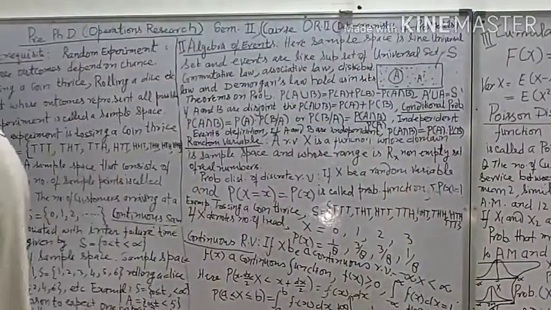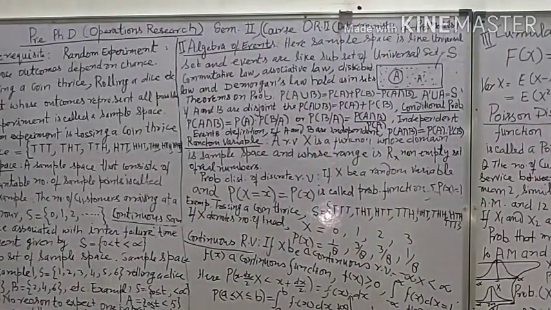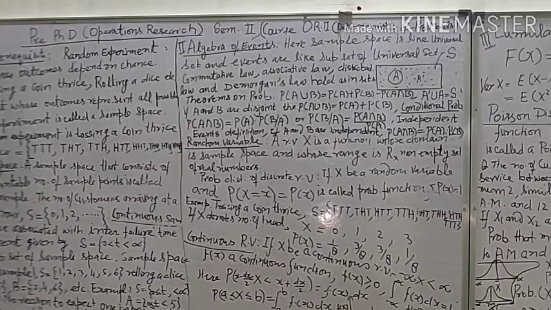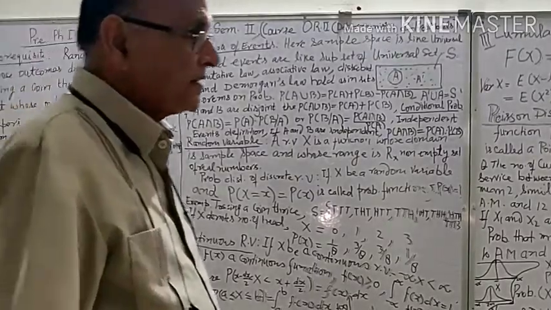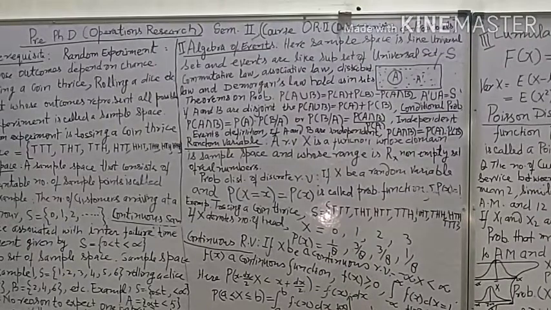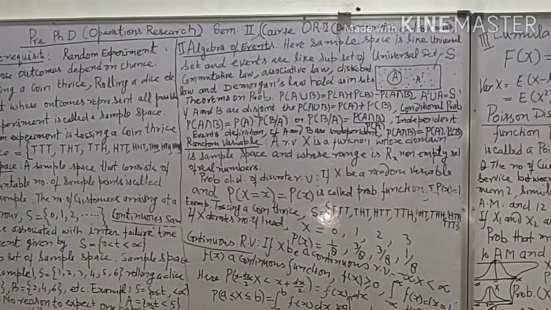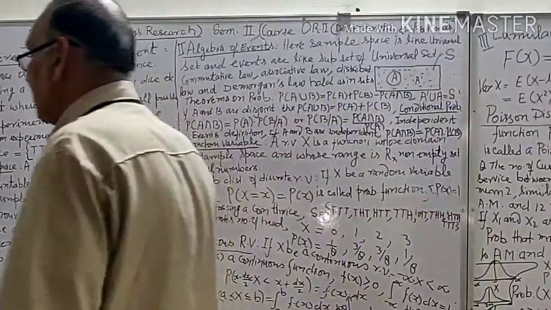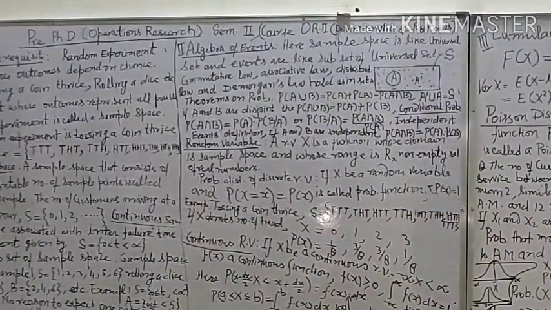In case of algebra of events, the sample space is like the universal set, and any event is a subset of the sample space. As in a Venn diagram, we write geometrically the universal set by enclosing its elements inside a rectangle.